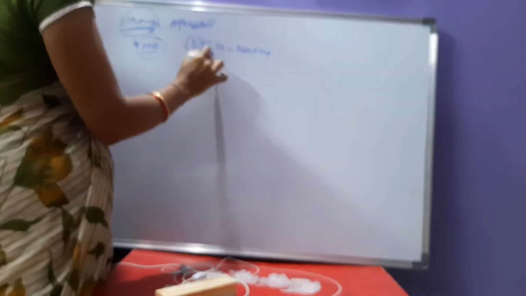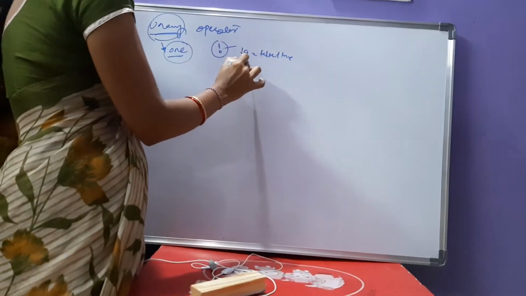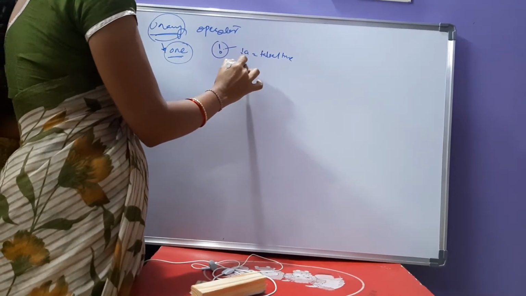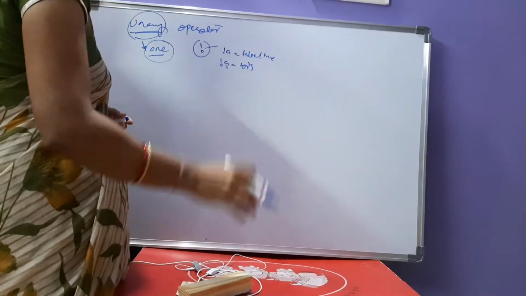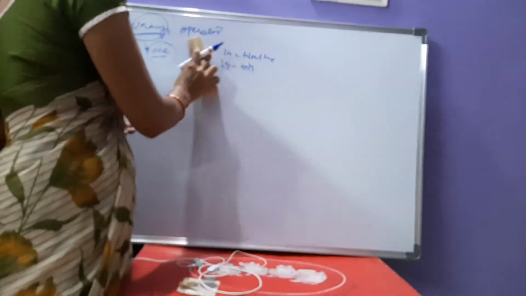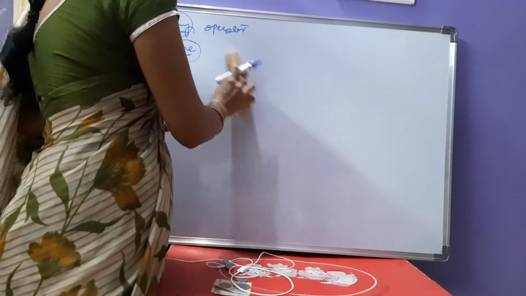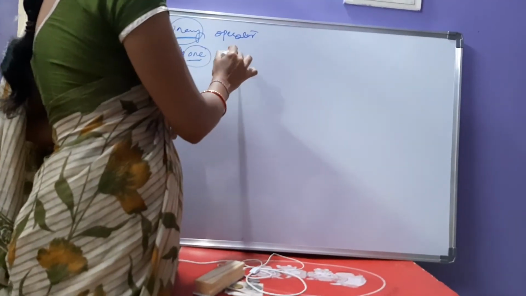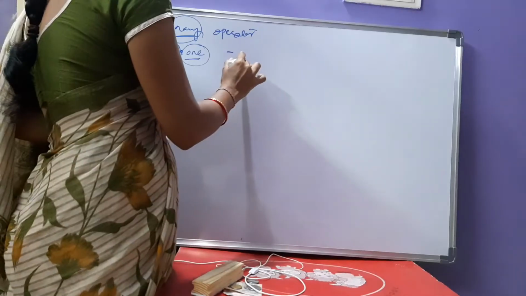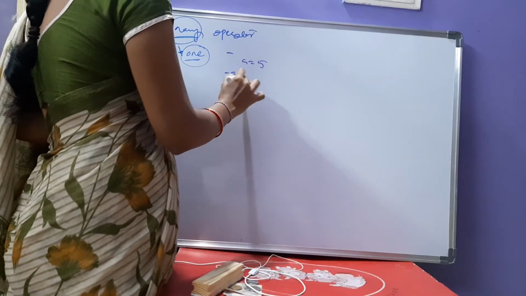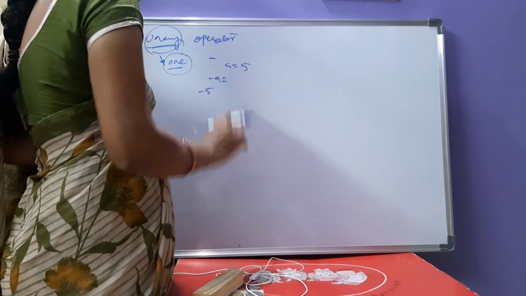If it is an integer variable, it returns some bits, where zeros are changed into ones and ones are changed into zeros. And this minus is also a unary operator. That means here a equal to 5, minus a is nothing but minus 5.